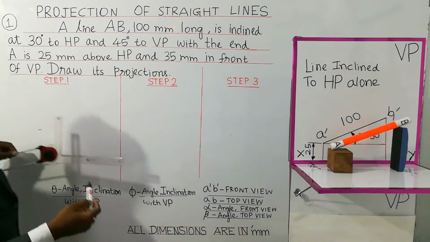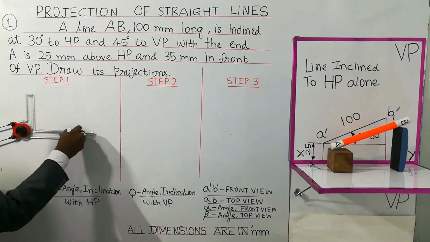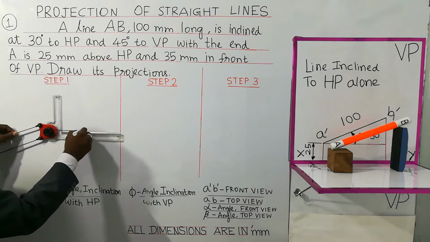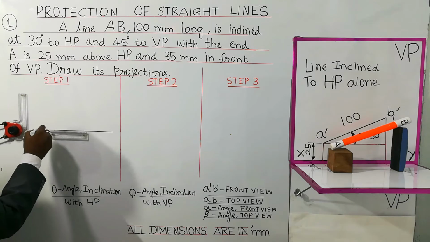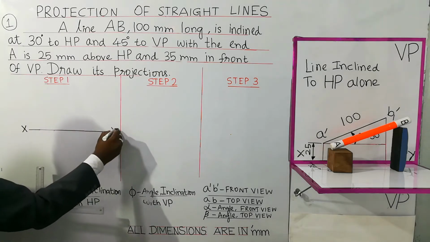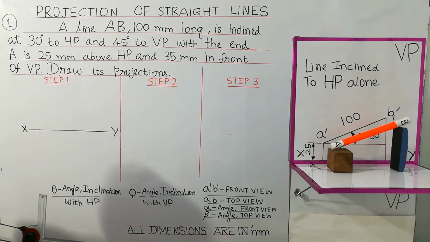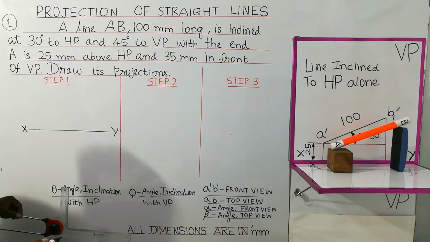It's drawn first using the horizontal scale of your drafter, indicated as X and Y.